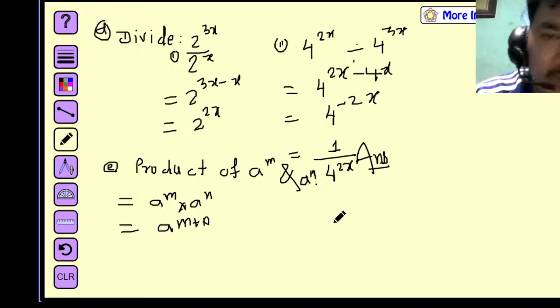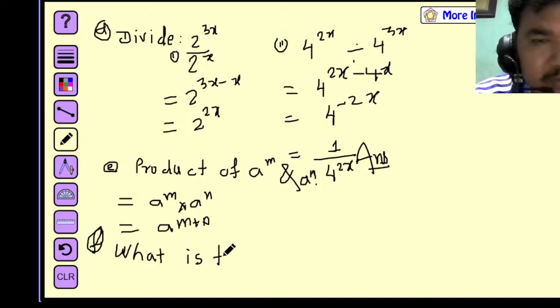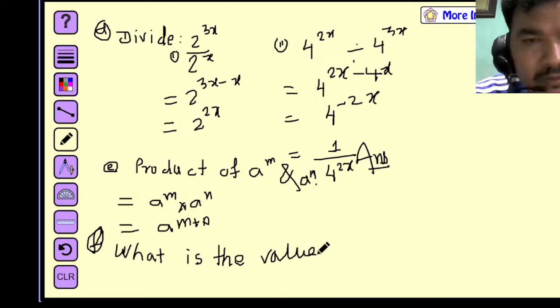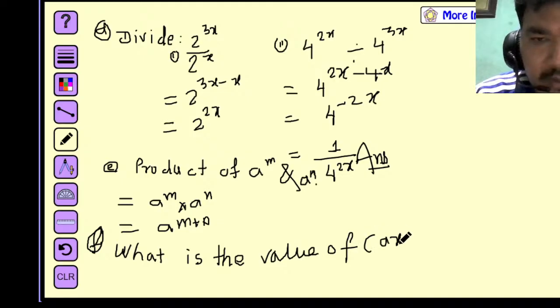And sometime what is the value of, asking there? Suppose this number, look here, asking find what is the value of a x power 0, okay, its whole power is 0.